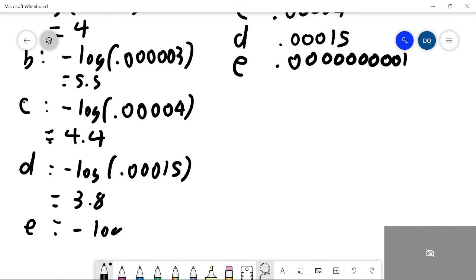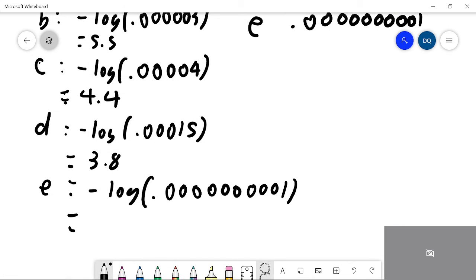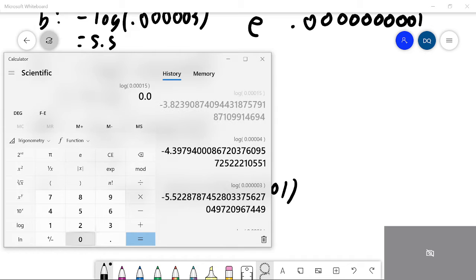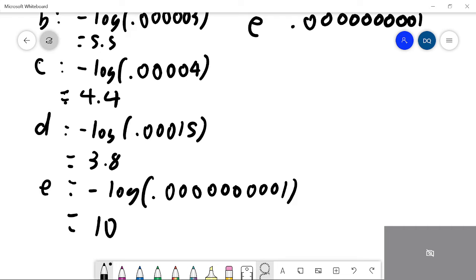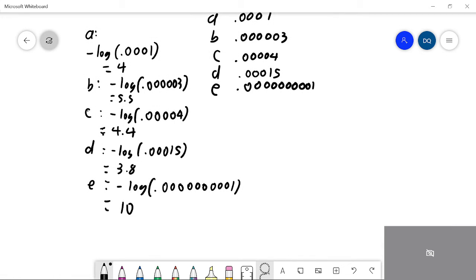The negative log of 0.000000001, I got 9 zeros there before my 1, is 10. Now let's look at all the numbers I have for plotting A, B, C, D, and E here.